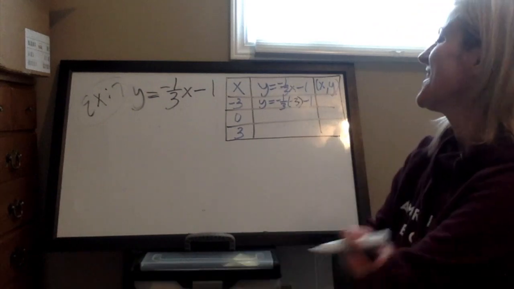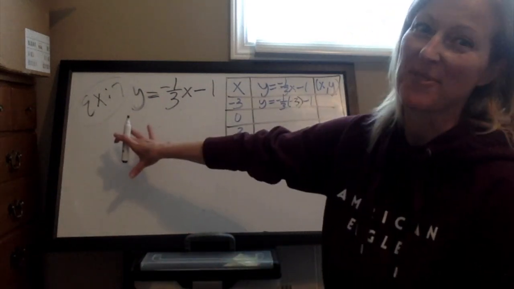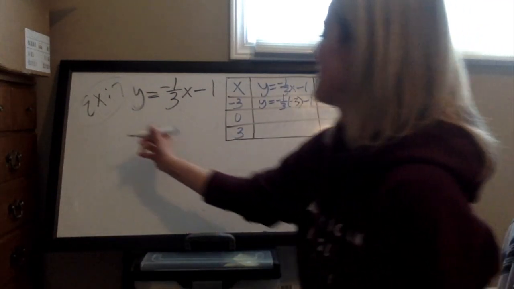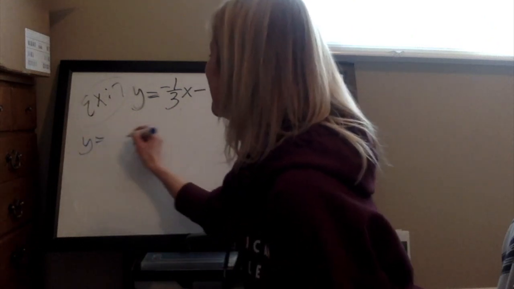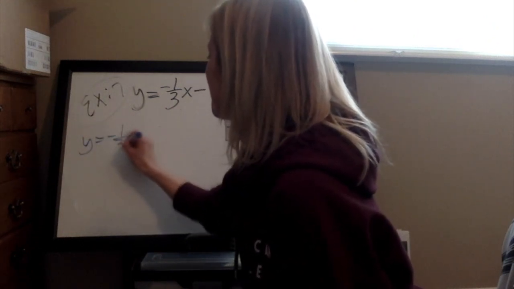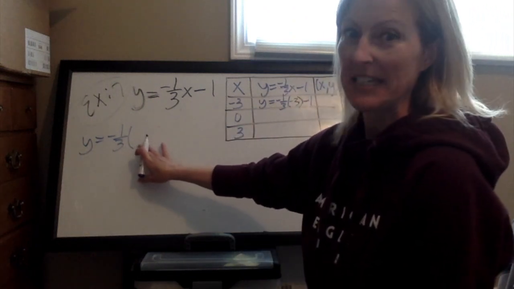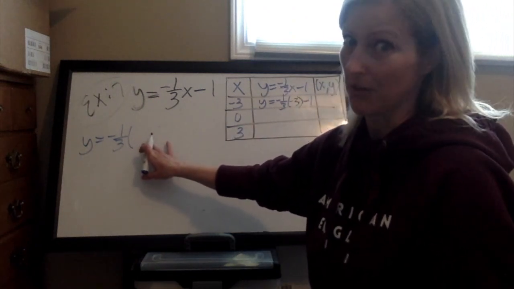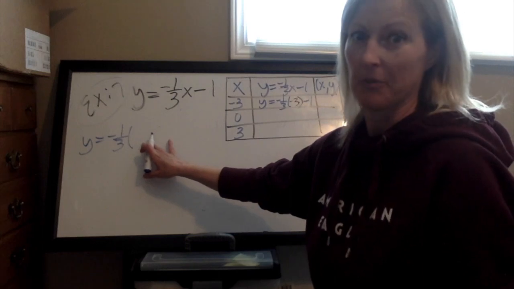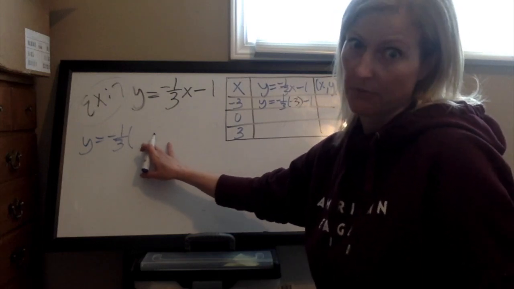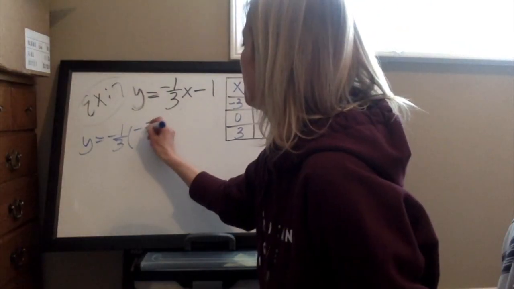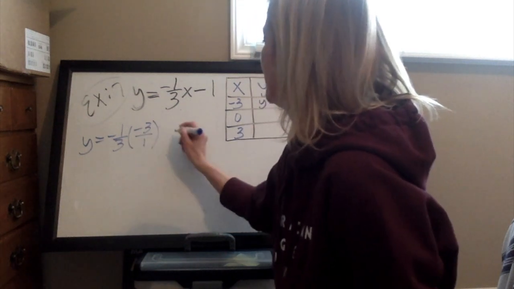Okay, so then on this side, I'm going to work it out. So I'm going to get y equals -1/3 times -3. I'm going to skip a step. How can we write -3 as a fraction? You'd write it as -3 over 1, right? So it'd be -3 over 1 minus 1.